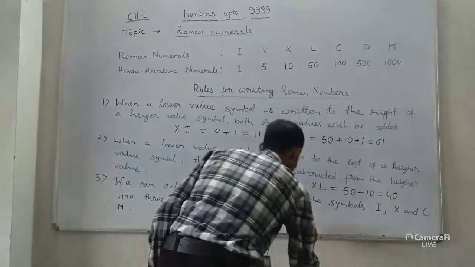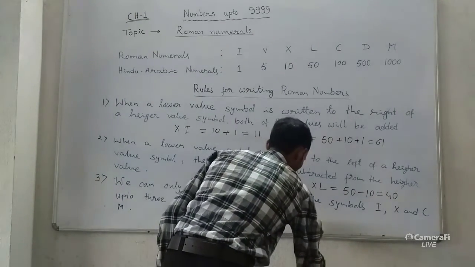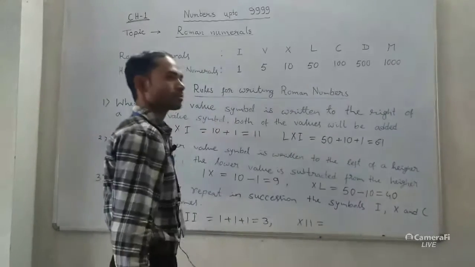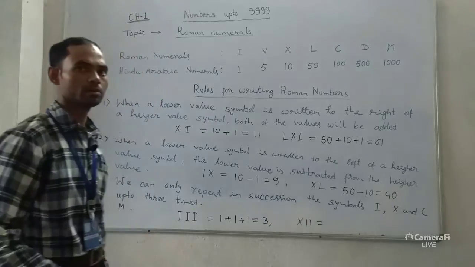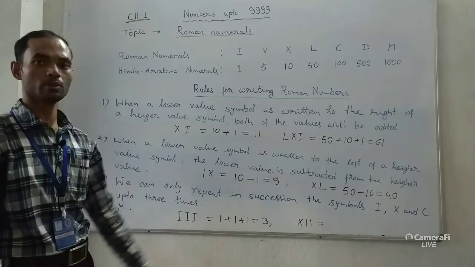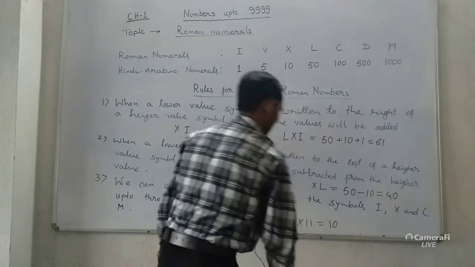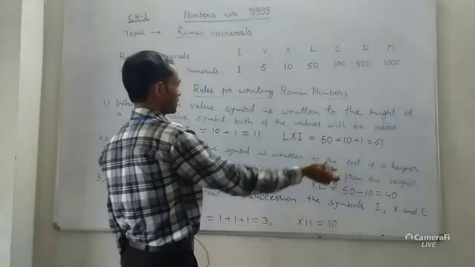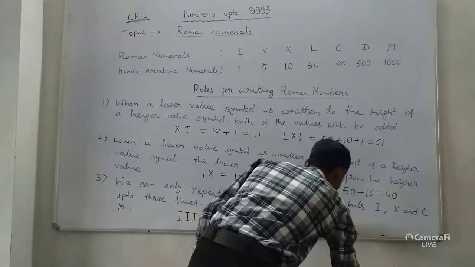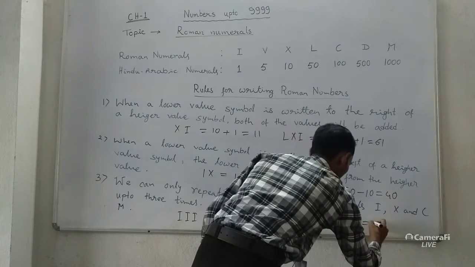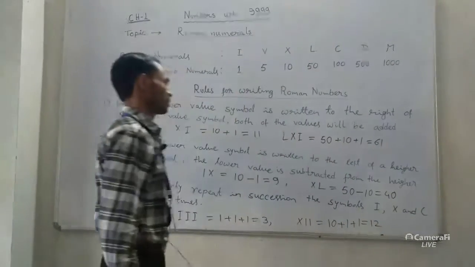Suppose I am writing here X and you repeat I 2 times. Maximum 3 times is allowed. I have repeated I 2 times. X means 10, then I means 1 on the right side. So according to rule 1, plus 1 and then again 1, we get 12.